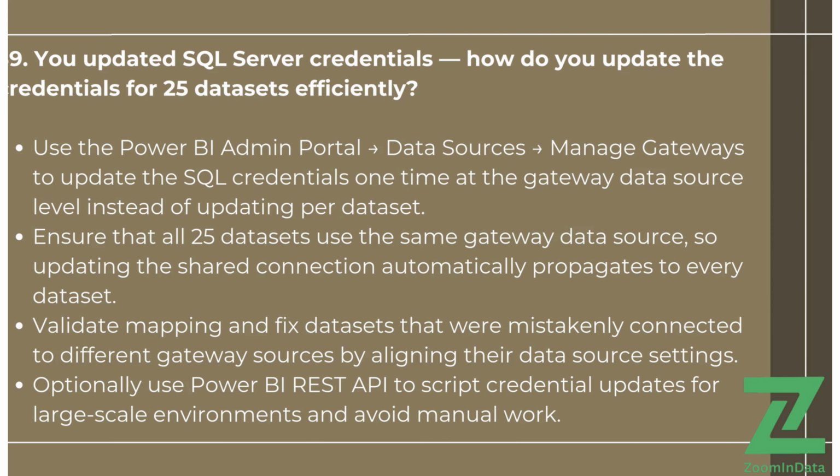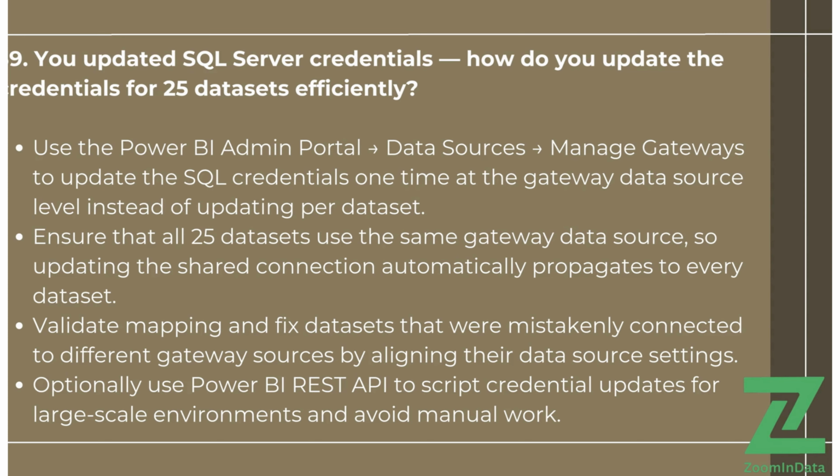39th question. You updated SQL Server credentials. How do you update the credentials for 25 datasets efficiently? Use the Power BI admin portal, then Data Sources, then Manage gateways to update the SQL credentials one time at the gateway data source level instead of updating per dataset.